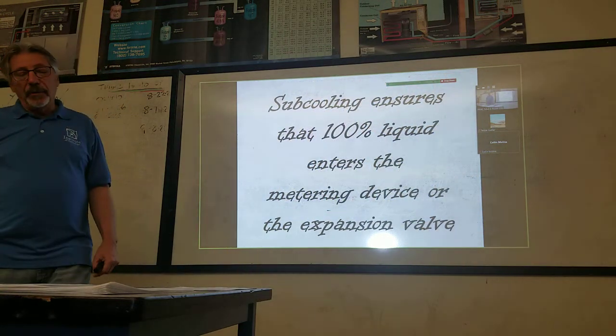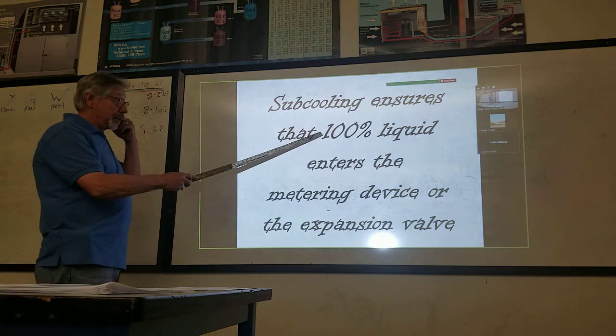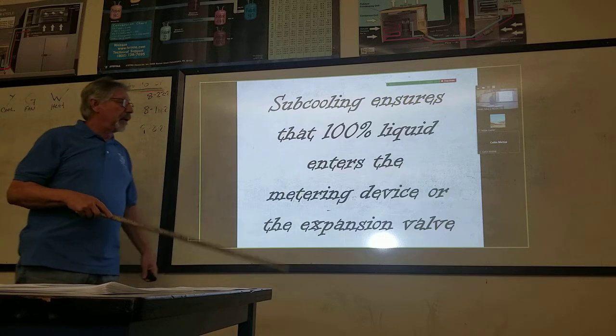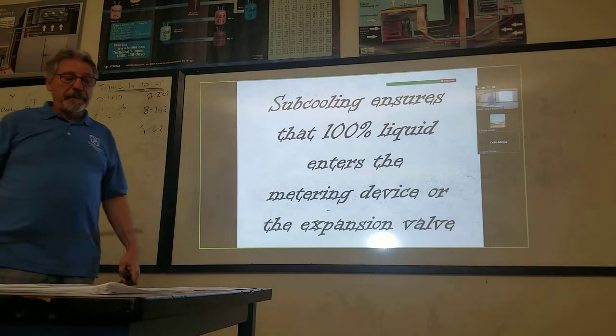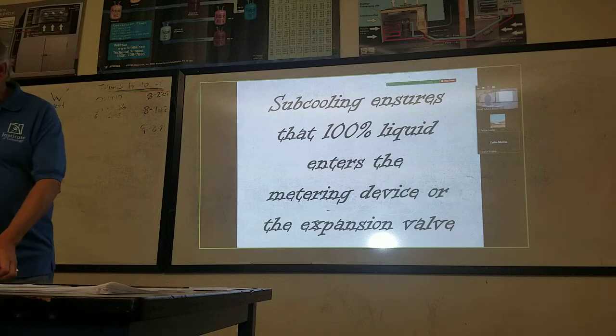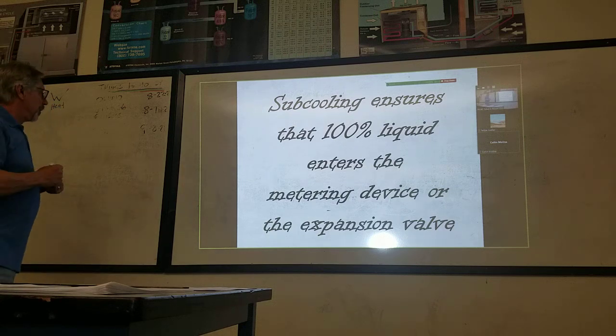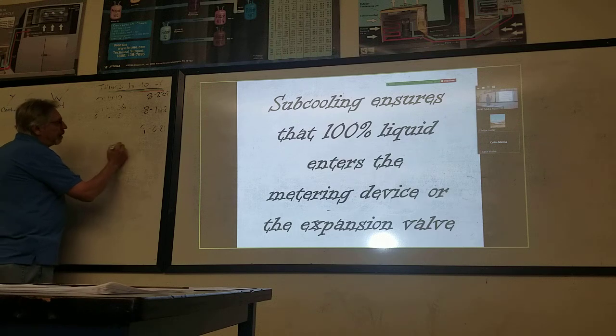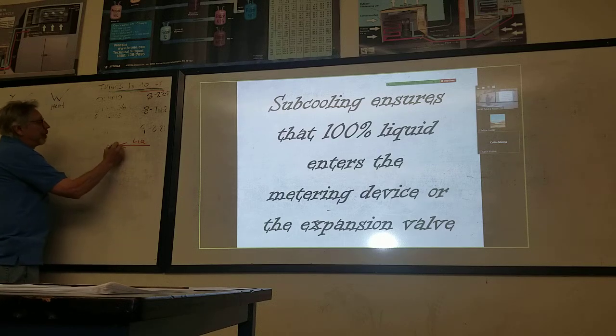Now, subcooling. Making sure we have subcooling ensures that there's 100% liquid entering the metering device at the expansion valve. On the liquid line, say you're going this way and this is liquid, and you hit that metering device right here.